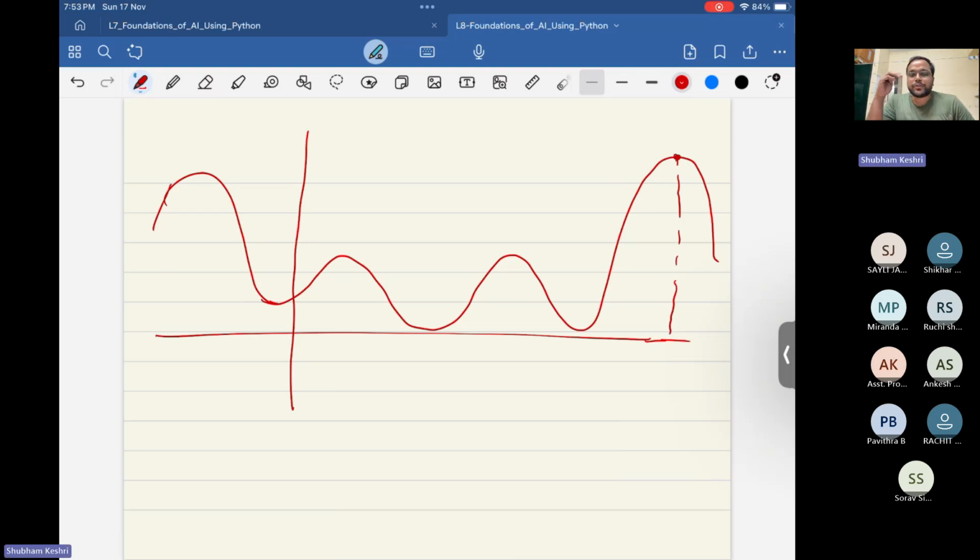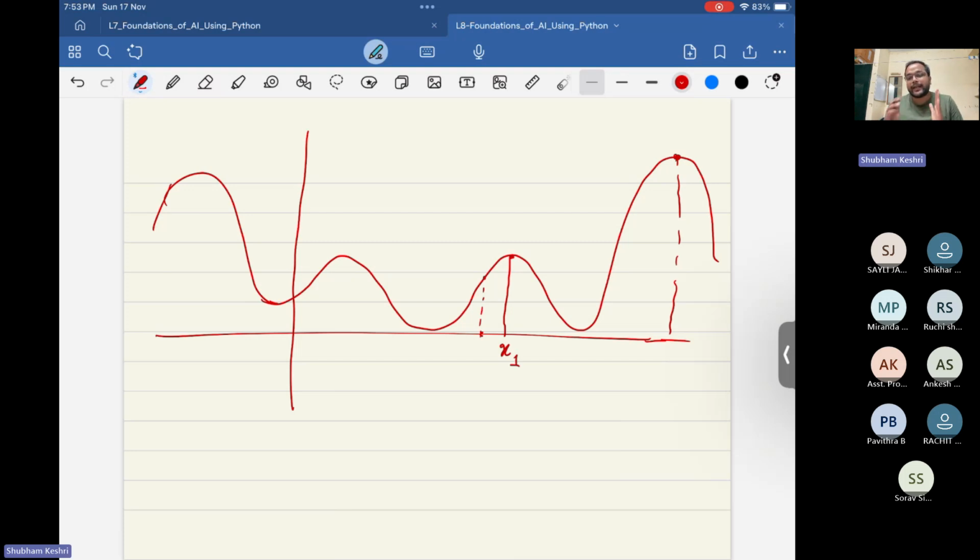Now, suppose you are doing local search. We picked one solution randomly, suppose this solution. Local search will come to this point and it will stop, right?